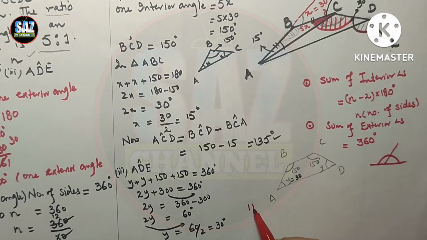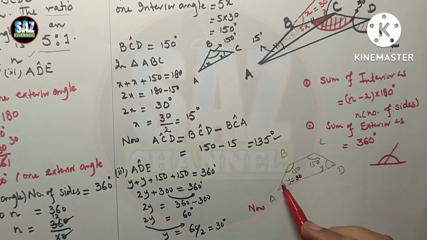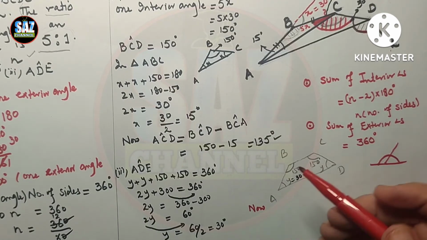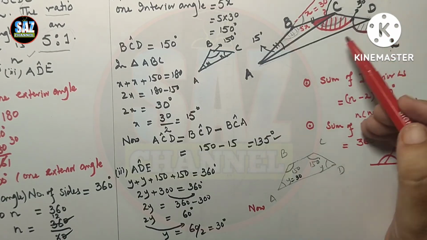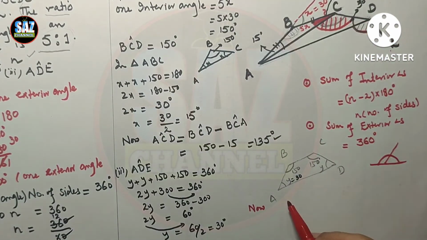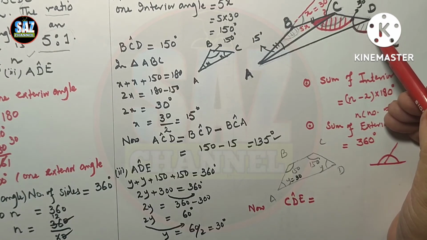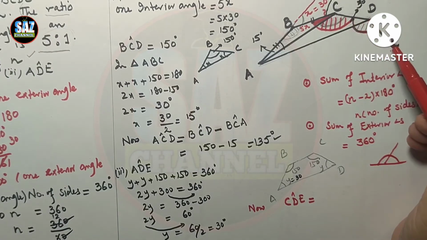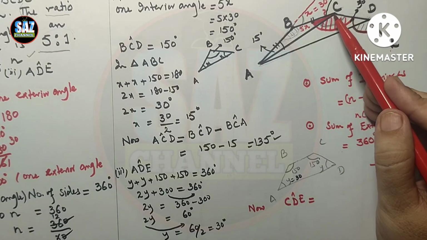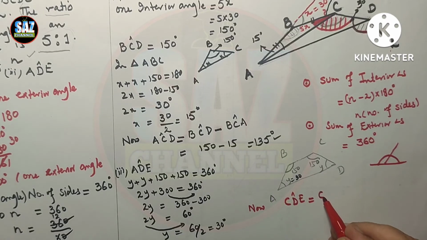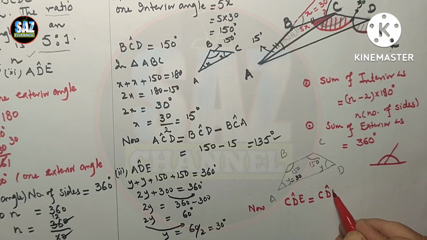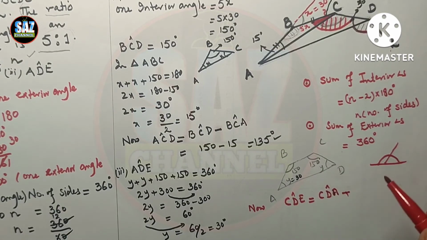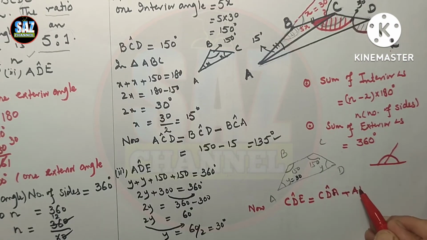CDE is actually the sum of CDA plus ADE, which is the requirement, ADE.